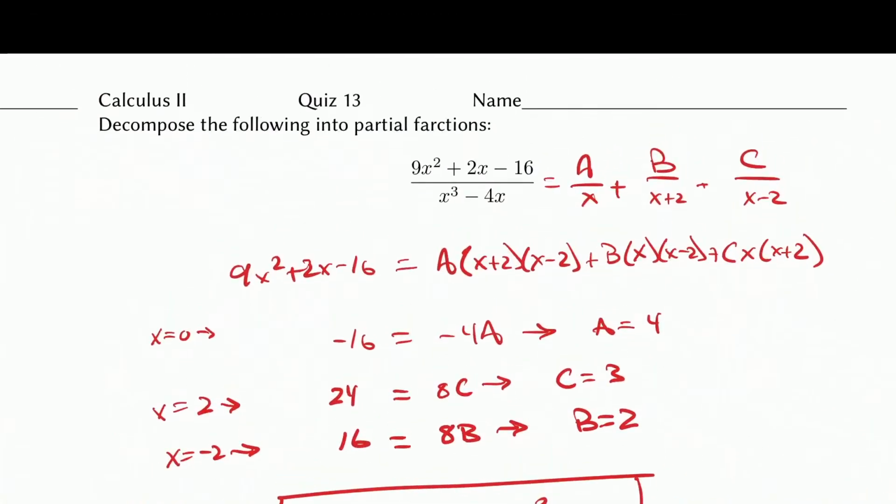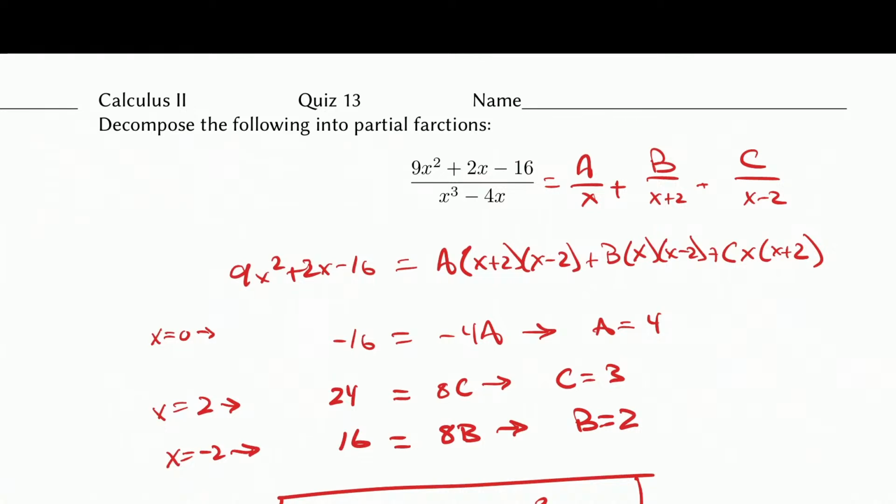here's how I solved this one: I just picked the three most obvious values for x. When you plug x equals 0 into everything, you get negative 16 is equal to negative 4A. Those other terms, of course, become 0 because B times 0, C times 0. And so that gave me A is equal to 4. When I plugged x equals 2 into all of this, hopefully I did my arithmetic correctly, this became 0 because of the x minus 2 factor.